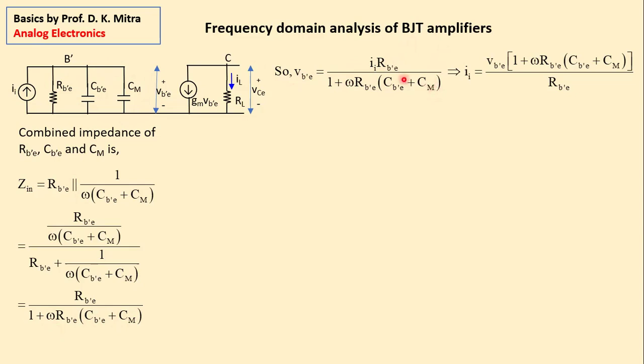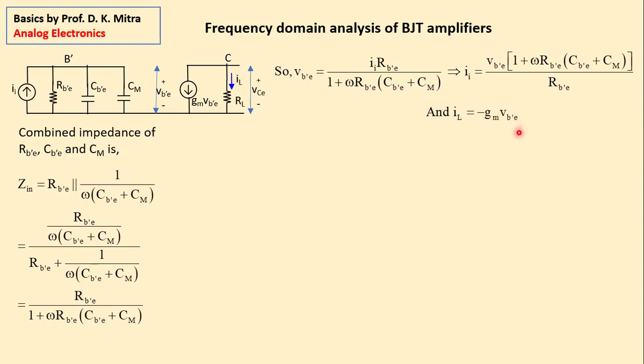From here, what do you get? The input current I_1 is equal to V_B'E multiplied by this whole factor divided by R_B. So this is the input current. And what is the output current? The output current was very easy right from the beginning. Output current is g_m V_B'E, but their conventional directions are opposite, so there is a negative sign.